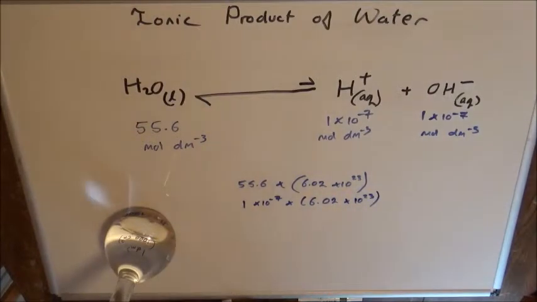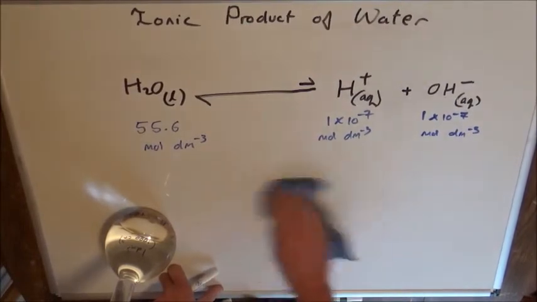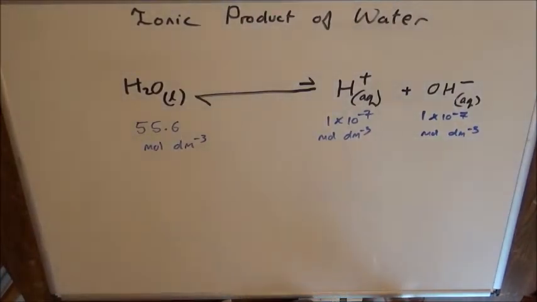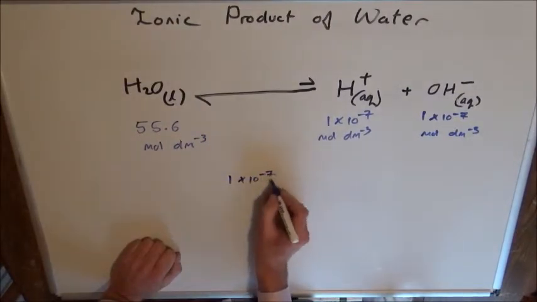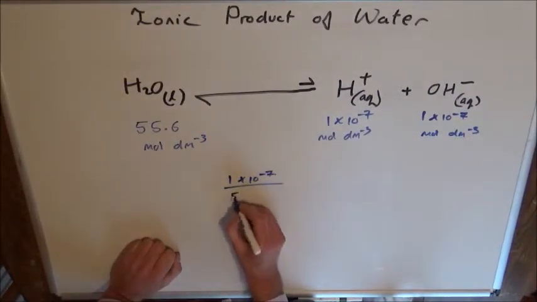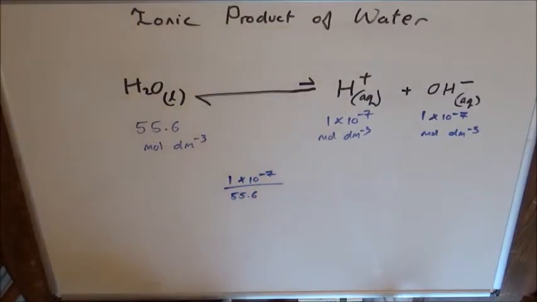Now another way we can represent that is saying we have 1 times 10 to the minus 7 moles out of 55.6. I'll just do that on the calculator: 10 to the minus 7 divided by 55.6. That comes to 1.8 times 10 to the minus 9.